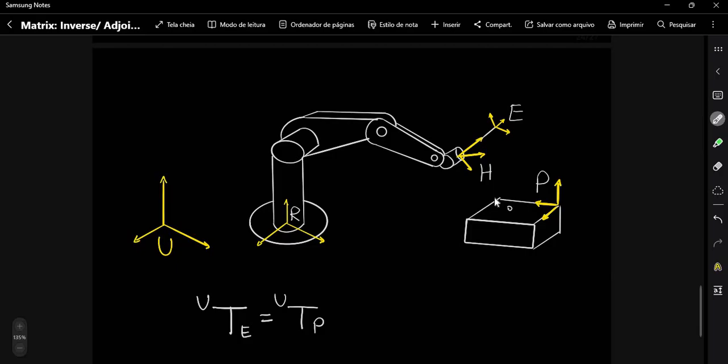We can say that the end effector is going to be at the same position and localization as the workpiece itself. We are not working with measures.